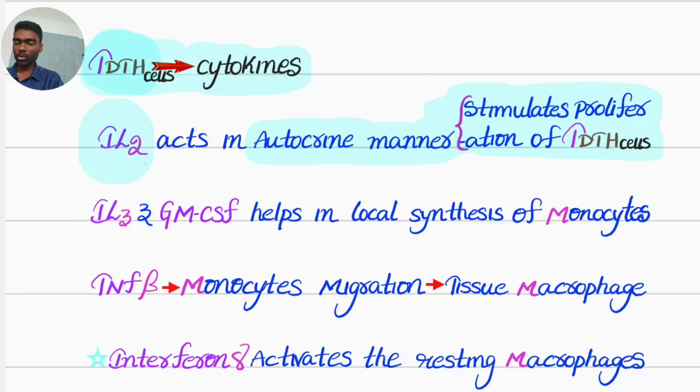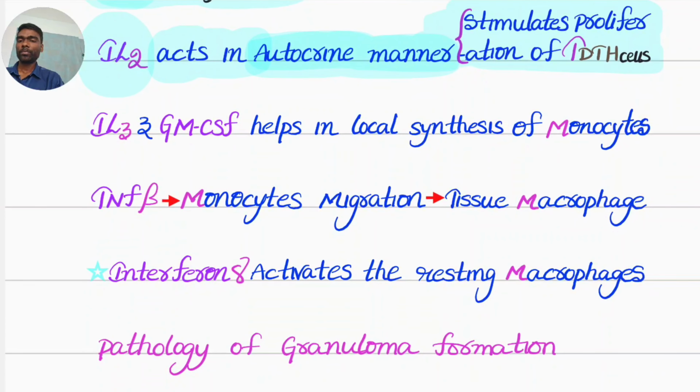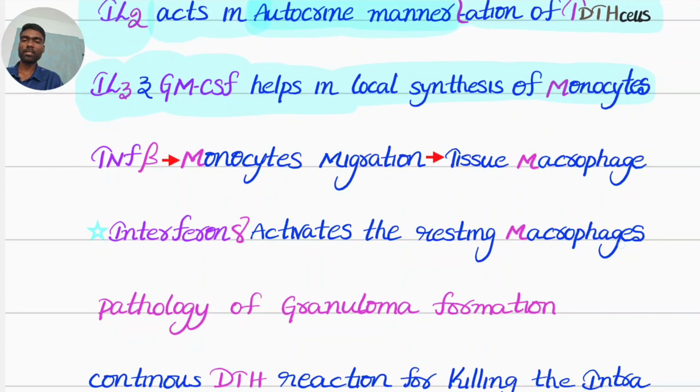First it will release interleukin 2, which helps in its own utilization in an autocrine manner. Then interleukin 3 and granulocyte monocyte colony stimulating factor, which help in local synthesis of monocytes. Monocytes will go to tissues and get converted to tissue macrophages.